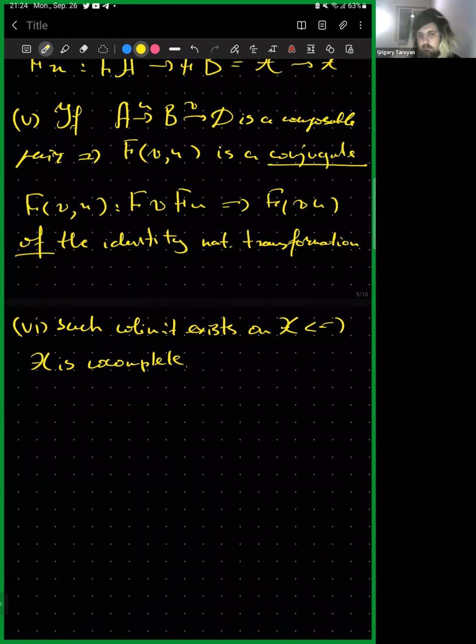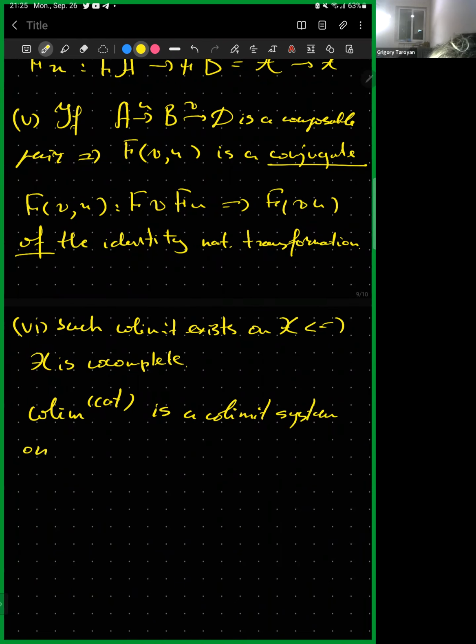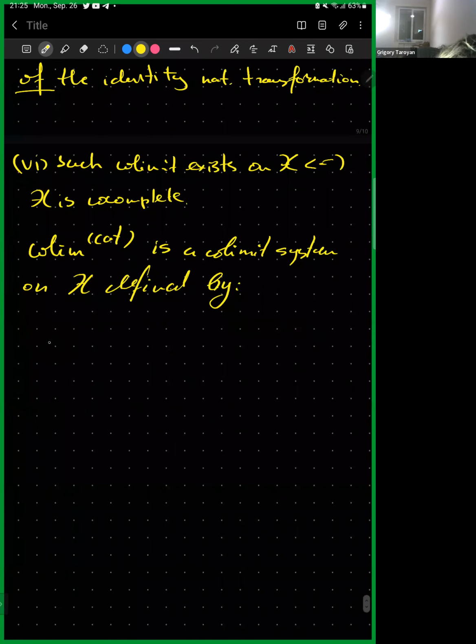And one can construct such a colimit system on X by just, so let me say that colim cut is a colimit system that's defined by calling cut of u being a certain fixed adjoint, which is denoted by column u.